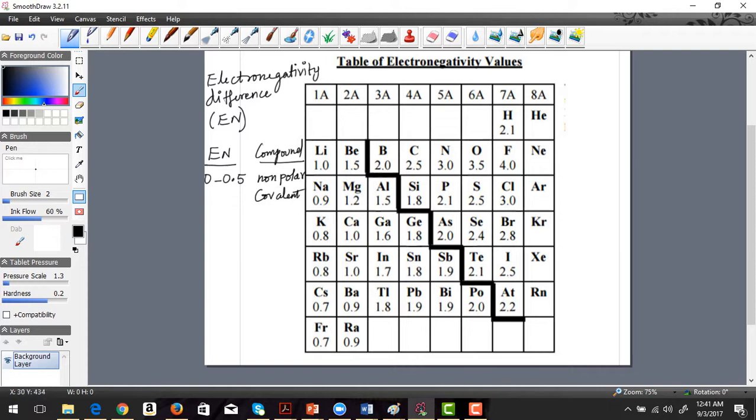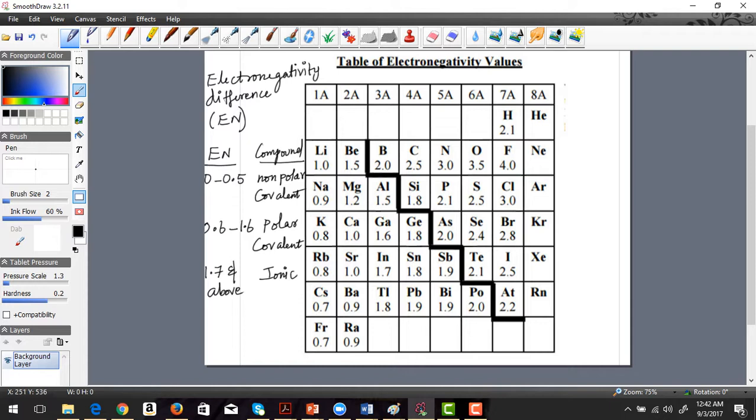If the electronegativity difference is 0.6 to say 1.6, it is polar covalent, and if it is 1.7 and above, it is ionic.